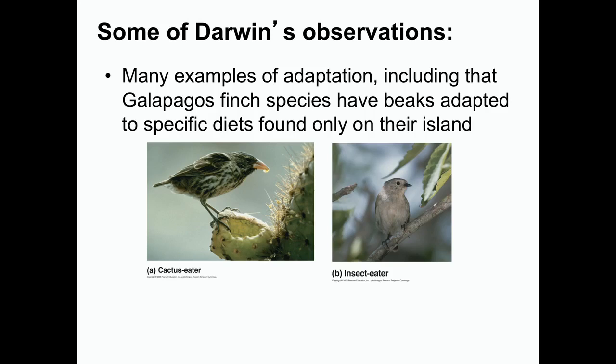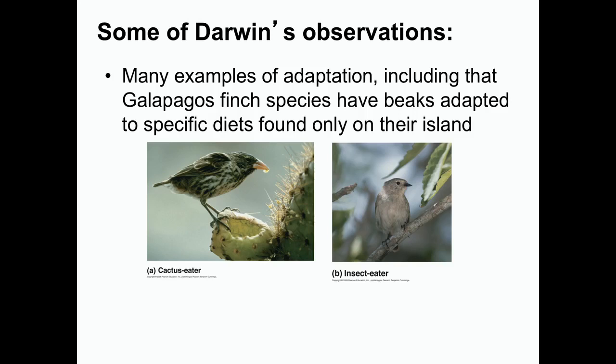He noticed that on islands with lots of cacti, he would find more cactus-eating morphologies, whereas on islands with more insects and less cacti, he'd find more insect-eating beak morphologies. And so he found adaptation: species that had features that make them very successful in the environment that they're found in.